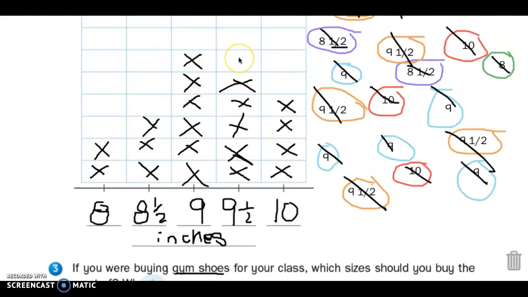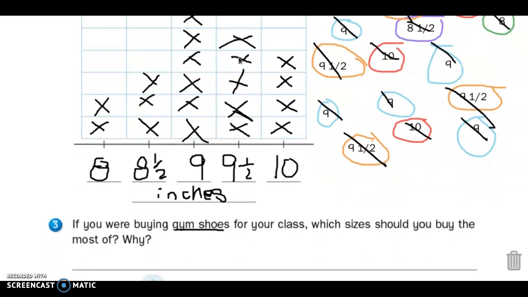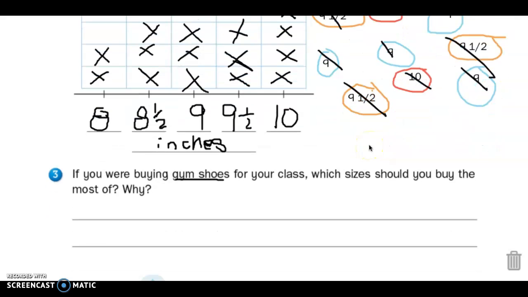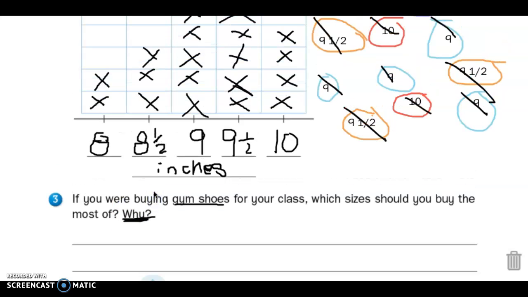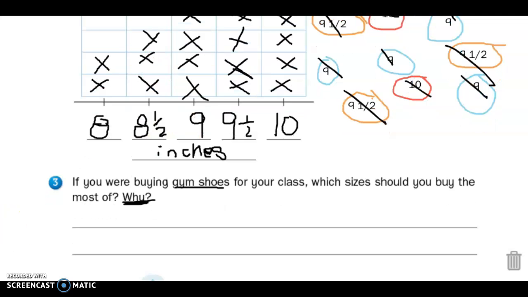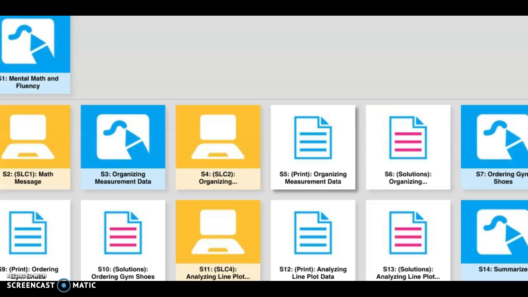Well, think about which ones you have the most of in your columns. I want you to write down 2 sizes that you would buy the most of. Write down 2 sizes. But then remember, it's why. You have to explain why you would buy those 2 sizes. Awesome. When you're finished with that, head on over to the next page with me.